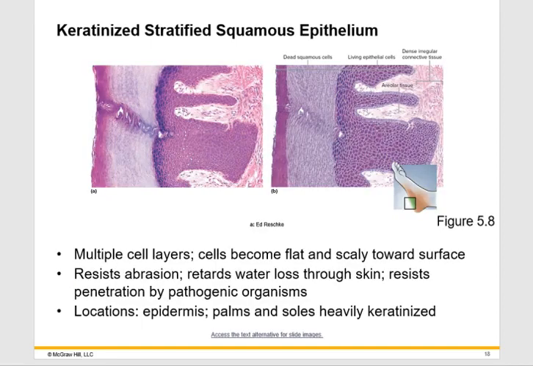Here's a picture of your keratinized, stratified squamous epithelia. So when you take a look at this, you'll learn to be able to see the differences. Here is your basement membrane.